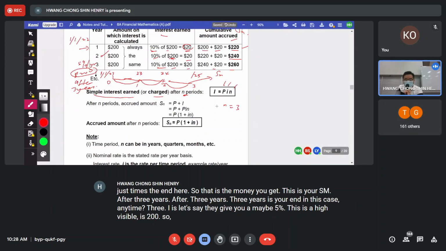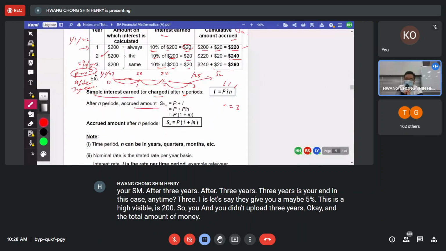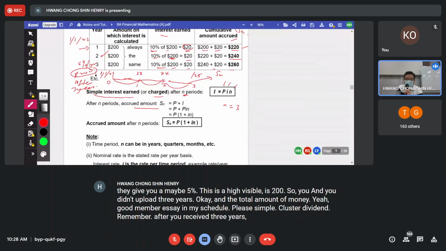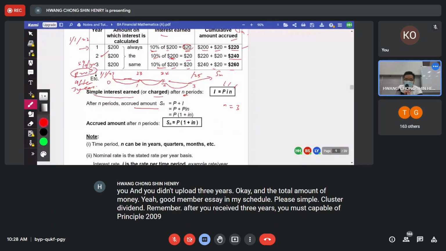So you can use this formula to get the I, the dividend after 3 years. And the total amount of money accrued, remember SN, you must get your principal plus the dividend. After 3 years, you must get back your principal 200, plus the I. I can be found by this formula.